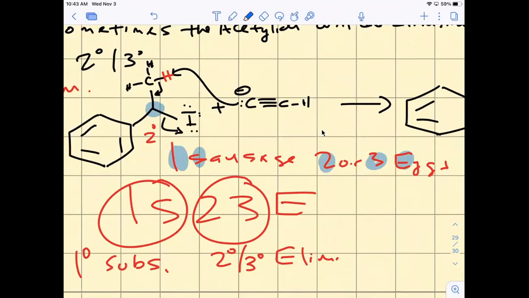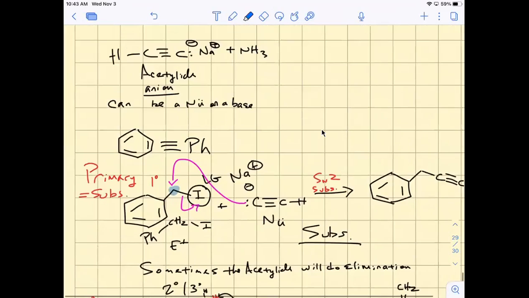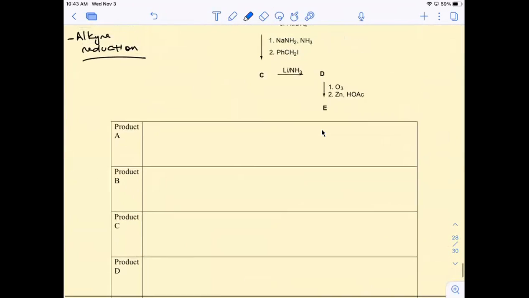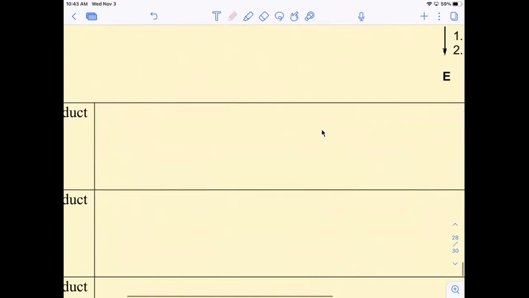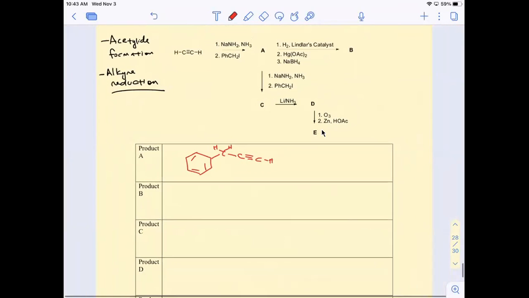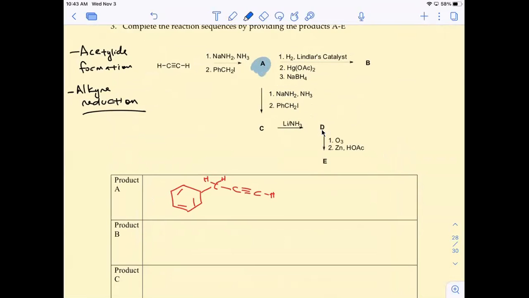All right, let's go back up to the example. So for product A, we can write that in now because we know what that looks like. It looks like this. Hydrogens in here. That's the first thing that we get. So this is A. A is now a precursor to B or C, right?